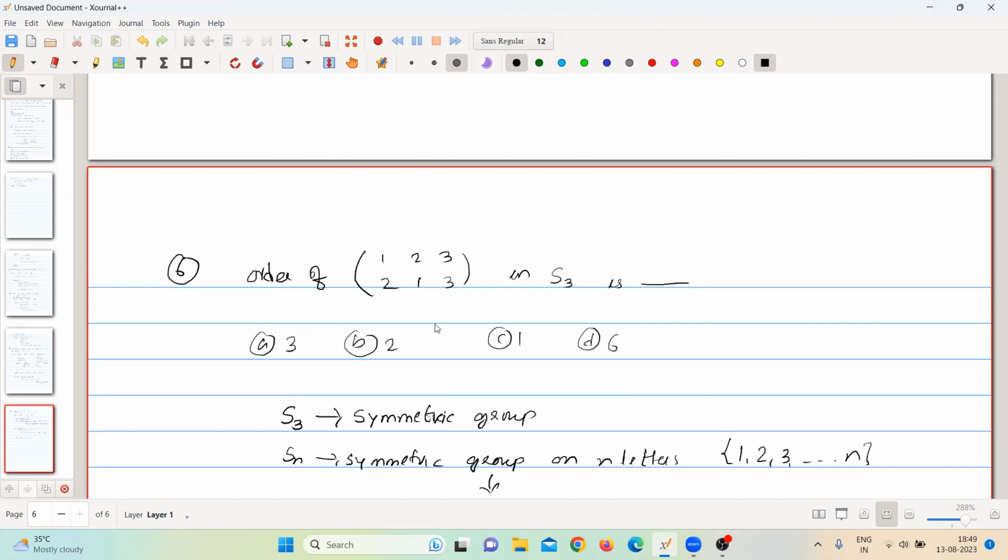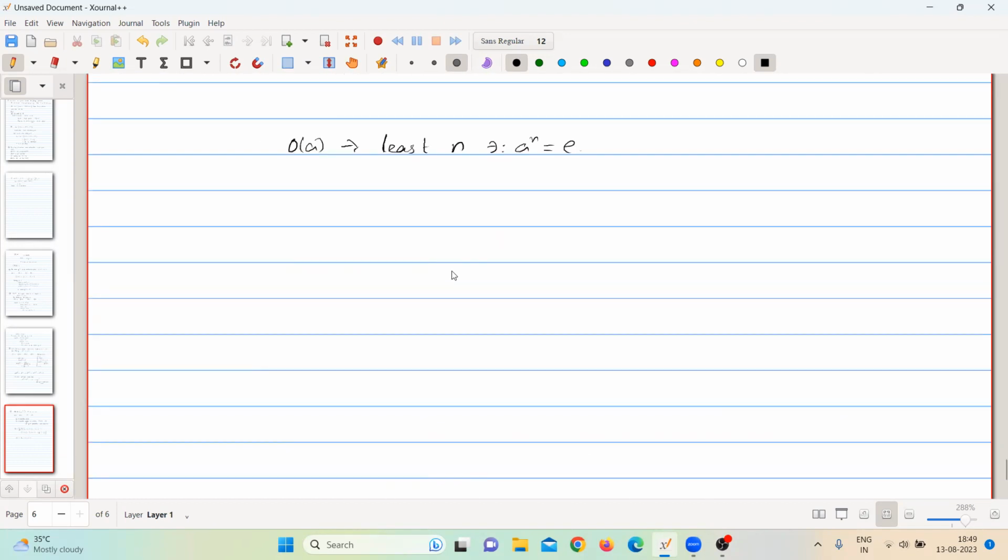Can anyone say what will be the order of this element? Ma'am, I guess 2 is the order of this element. Yes, let us see: suppose 1 to 2, 2 to 1, 3 to 3 is our rho. From here we can say rho power 1 is not identity. Now we consider rho square, which means rho composed with rho, that is, applying rho 2 times. 1 goes to 2 and 2 goes to 1, so 1 goes to 1. 2 goes to 1 and 1 goes to 2, so 2 goes to 2.